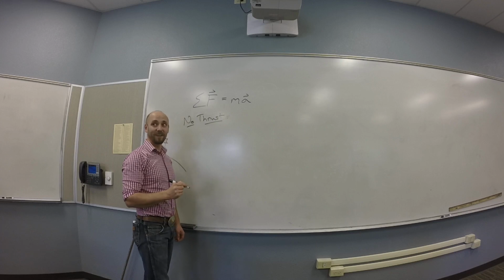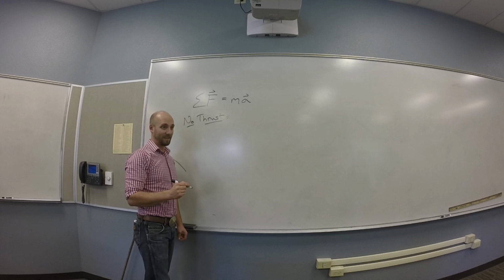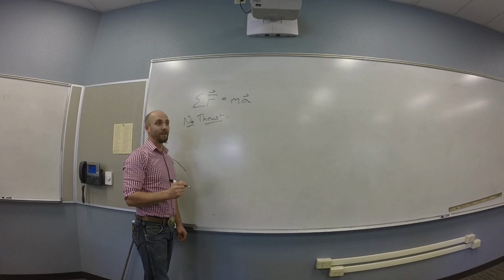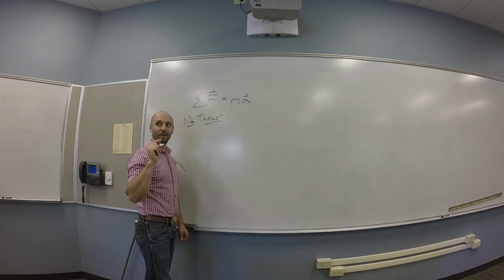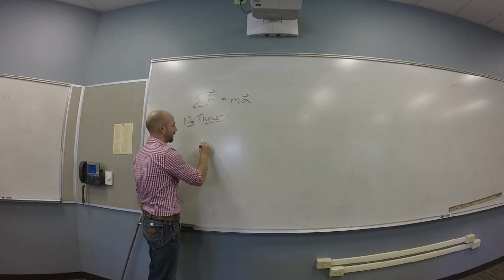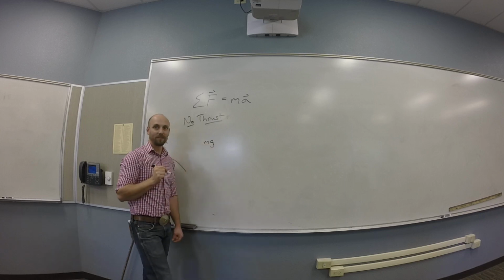What's the force due to gravity on an object? 9.8 meters per second squared, at the surface of the Earth. Yes, mostly. Well, in order to get the force, you need to multiply it by the mass of the object that's being affected by it. So the one and only force is mg.